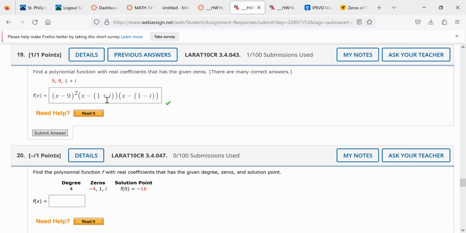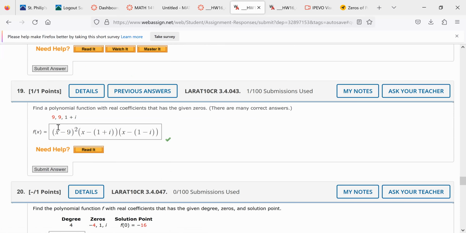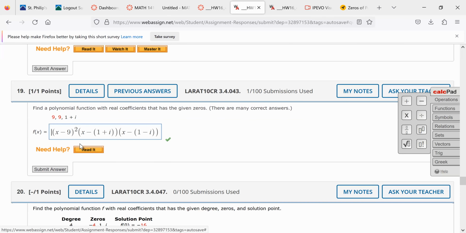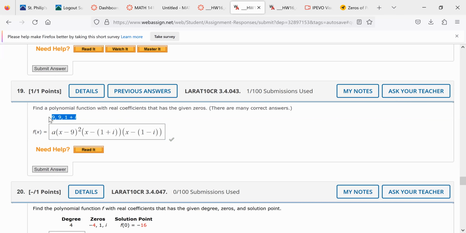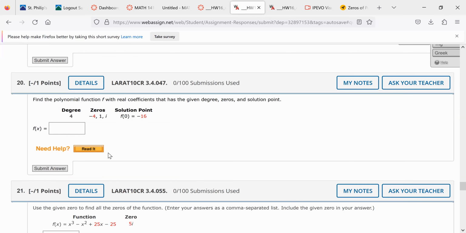So now there are many different possibilities. There's an infinite number of ways to satisfy this question, 18 and 19, because technically I can put any number in front, so we can call it A. So A times these factors satisfies this requirement. Eventually they want a specific one. The only way to get a specific one is to have a solution point.